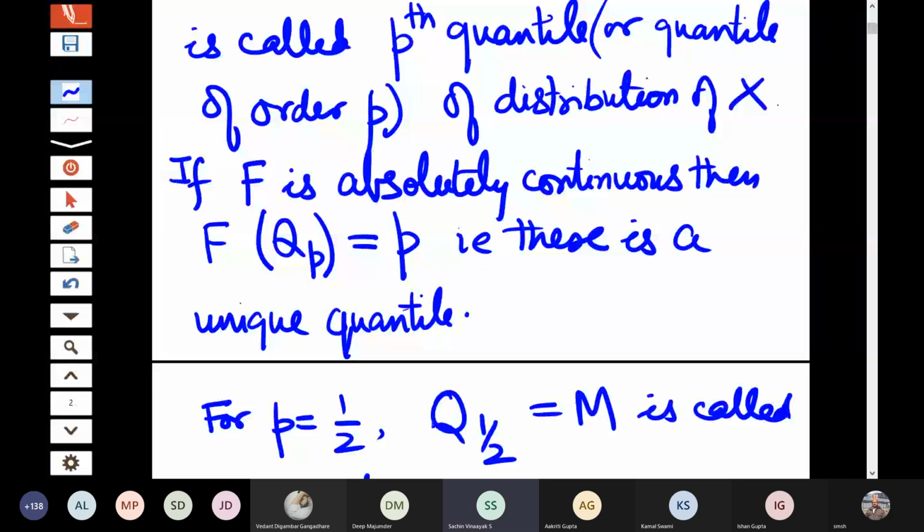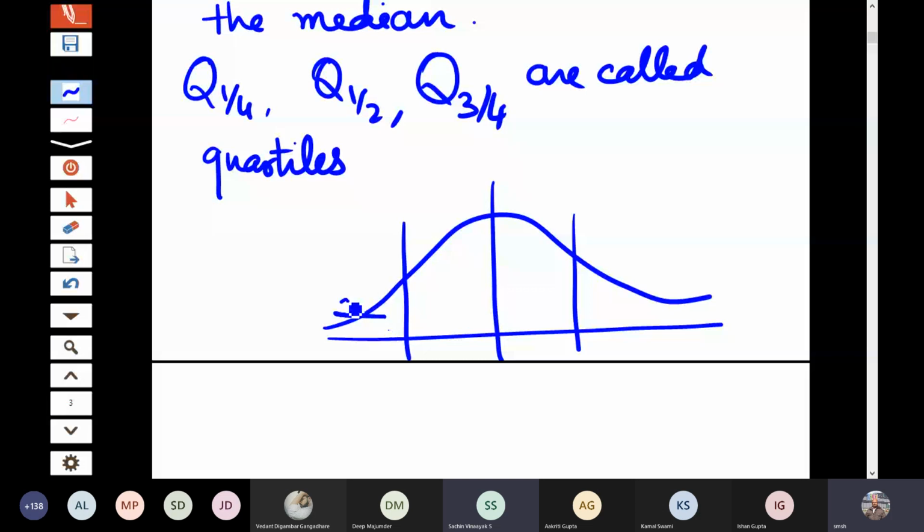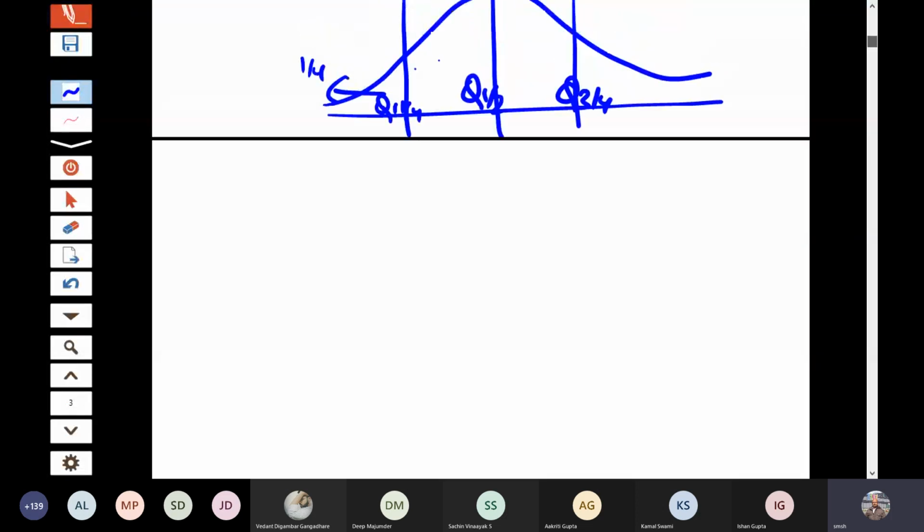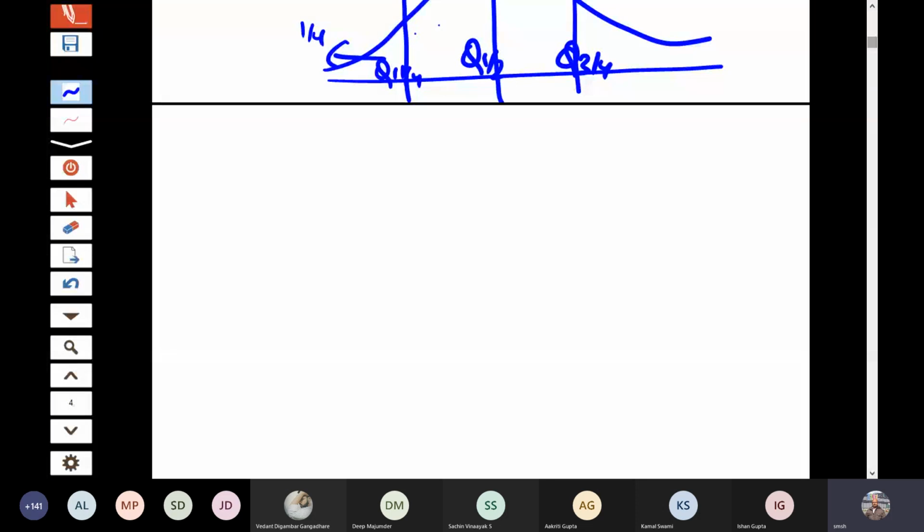Thank you, sir. So this one is, suppose, 1 by 4, and this is the half point. So this is Q1 by 4, Q half, Q3 by 4. So we are dividing into 4 parts. Then these are called quartiles of a distribution. Similarly, you can have deciles and percentiles.